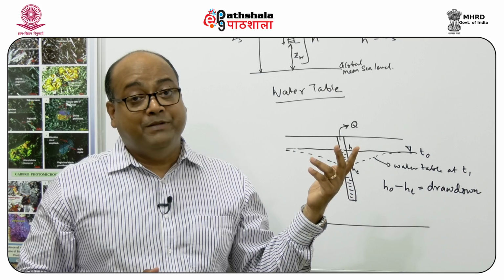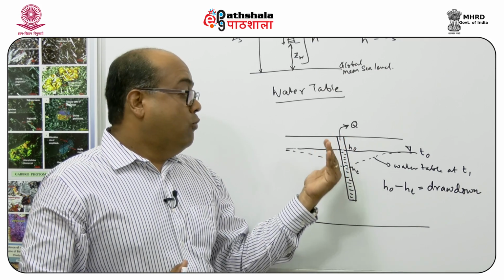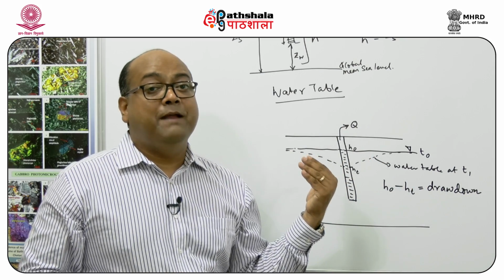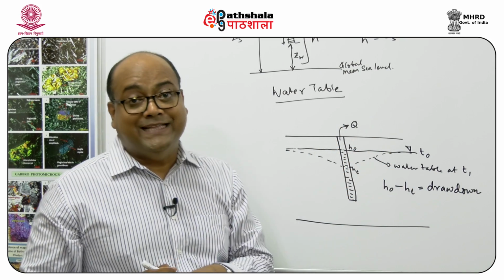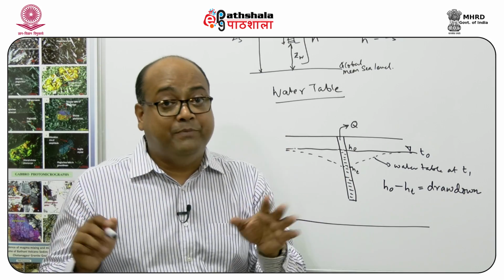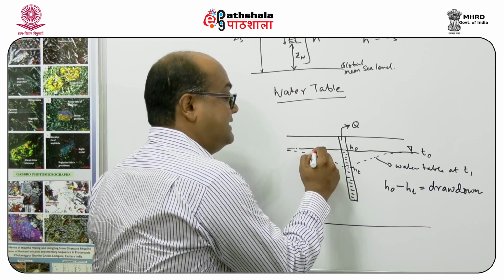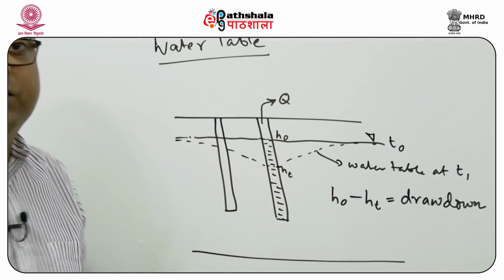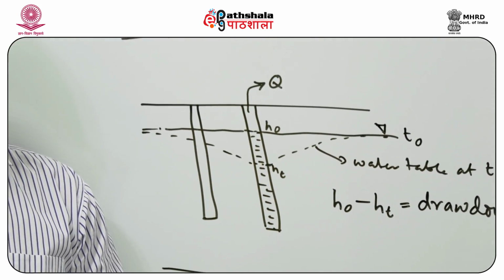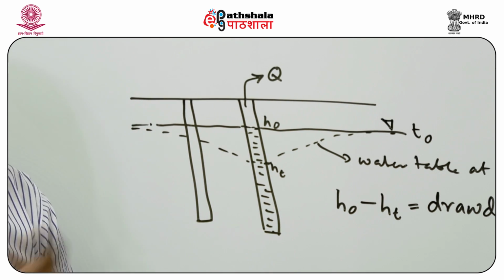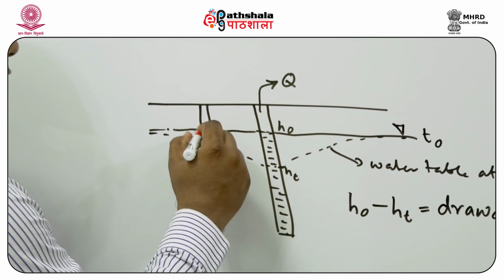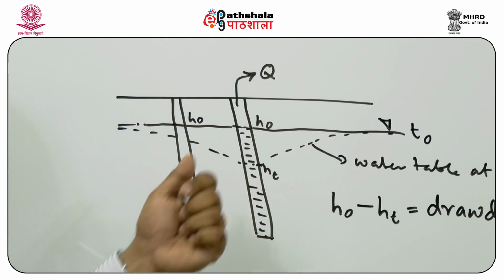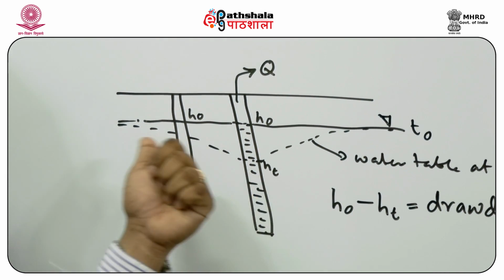Now sometimes the well from which pumping is taking place is different from the well where people are measuring. For example, I put another well here, but here I am not pumping the water, I am only measuring the water table. Here also the water level before pumping was at H0, but this well is somewhat away from the pumping well.